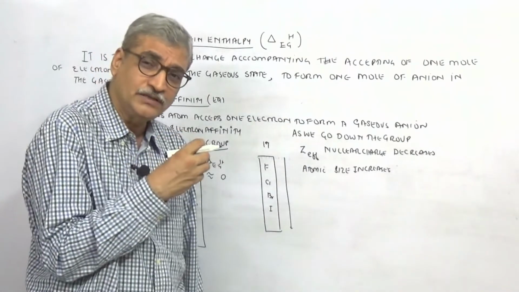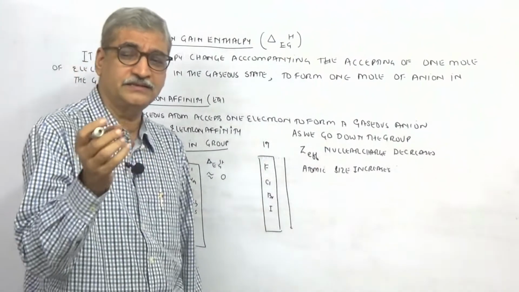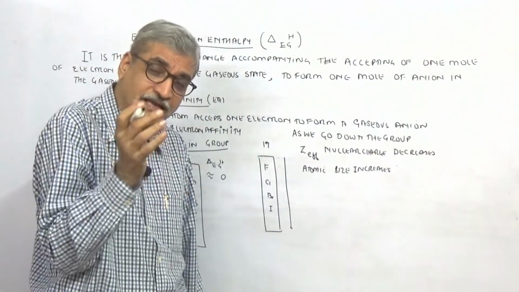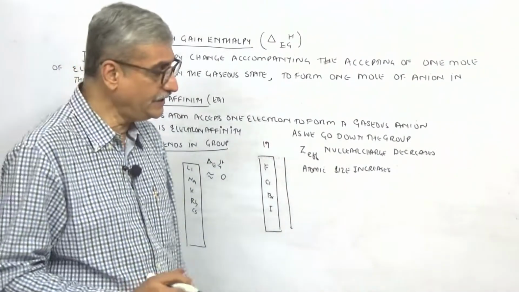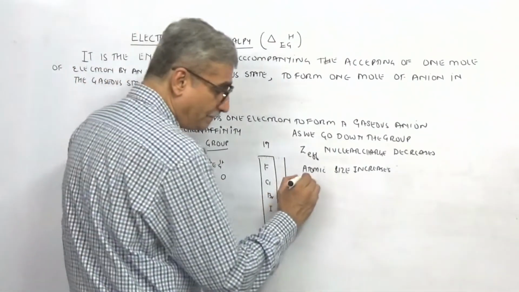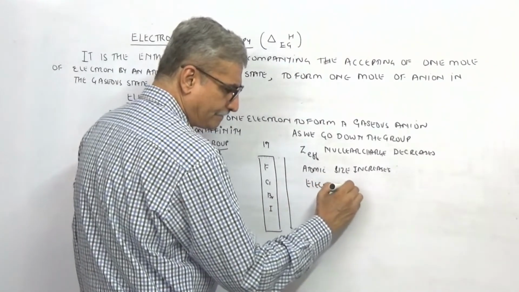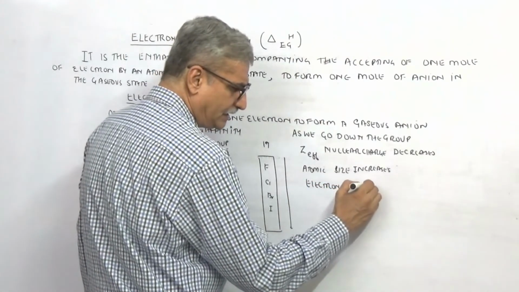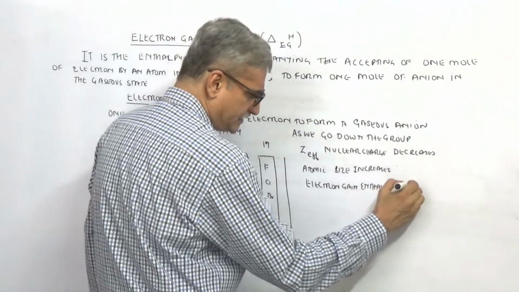If the nuclear pull on the outermost electron becomes less, it likes to lose the electron rather than gain an electron. So the tendency to gain electron decreases. So electron gain enthalpy decreases.